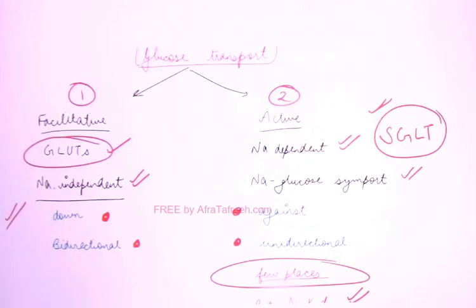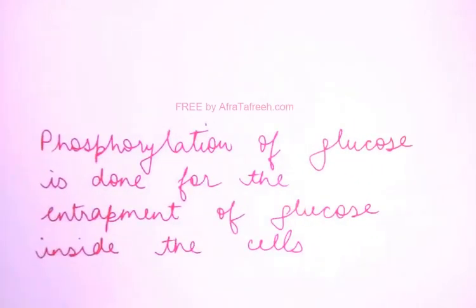Because if it is glucose, then it can escape the cell via GLUT. If it is glucose 6-phosphate, then it cannot escape the cell via GLUT. So the cell is doing this first step of phosphorylation for the entrapment, right? So can I say phosphorylation of glucose is done for the entrapment of glucose inside the cell, right?